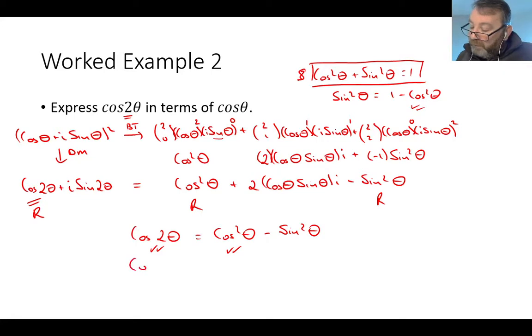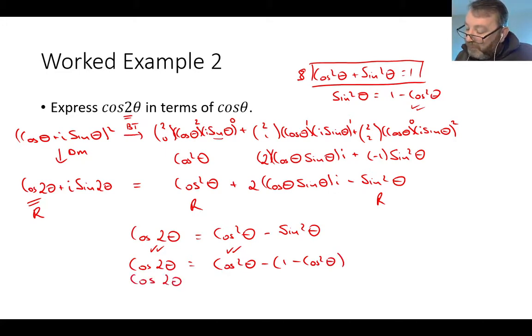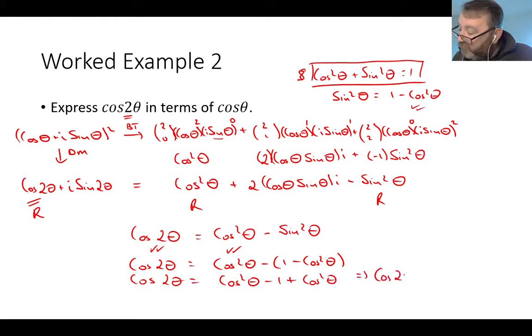So I now get cos 2 theta equals cos squared theta minus (1 minus cos squared theta). And when I remove the brackets there, cos 2 theta equals cos squared theta minus 1 plus cos squared theta. And to wrap it up, cos 2 theta is equal to minus 1 plus 2 cos squared theta. And that's it. That's the answer.